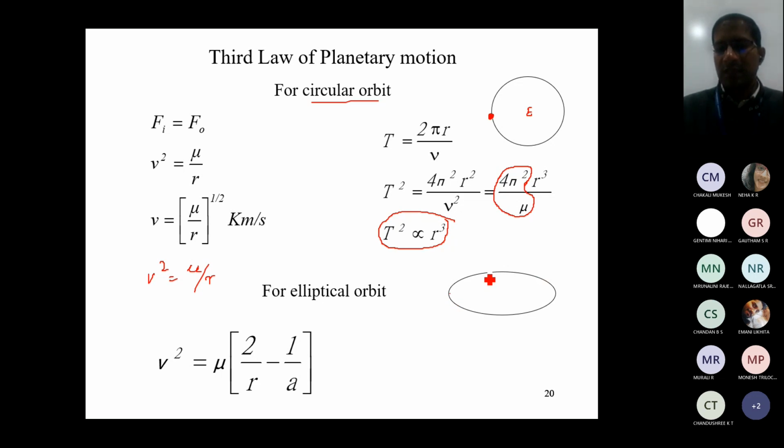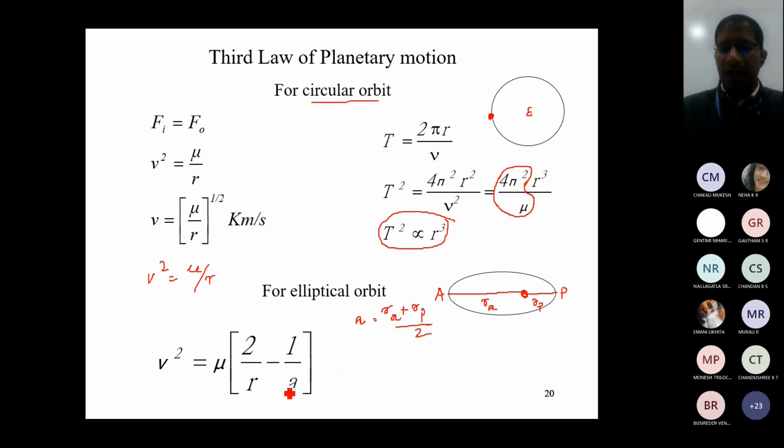So semi-major axis is what? Suppose this is an elliptical orbit and the Earth is located somewhere here. This point is called perigee. This point is called apogee. The distance from the center of the Earth to apogee is called RA. The distance from the center of the Earth to perigee is called RP. So A is equal to RA plus RP divided by 2.